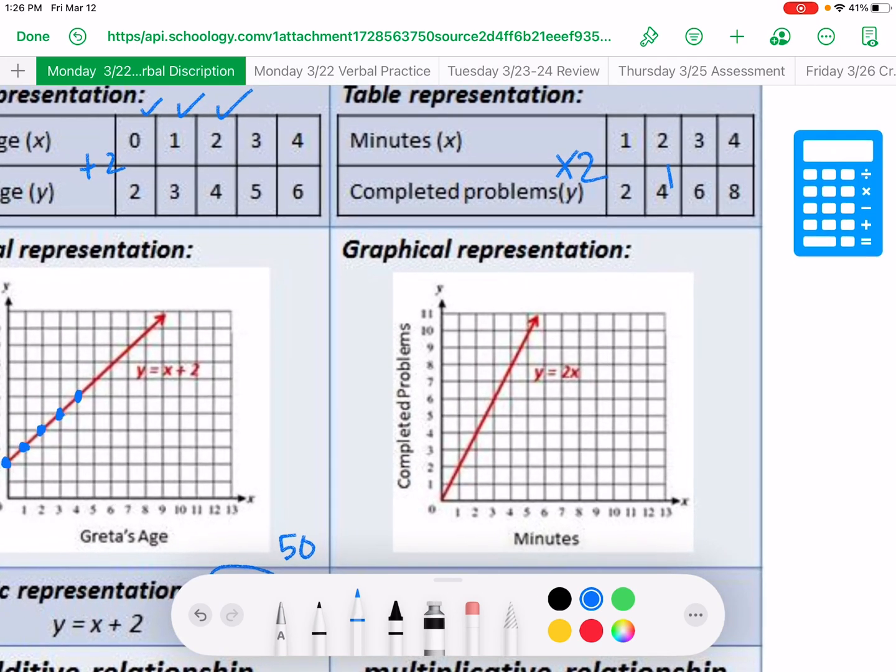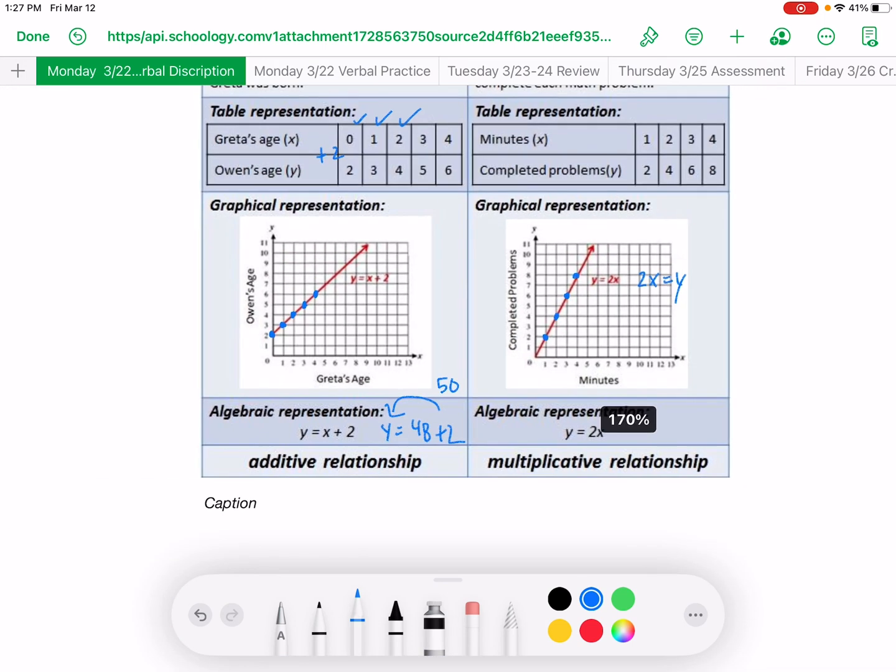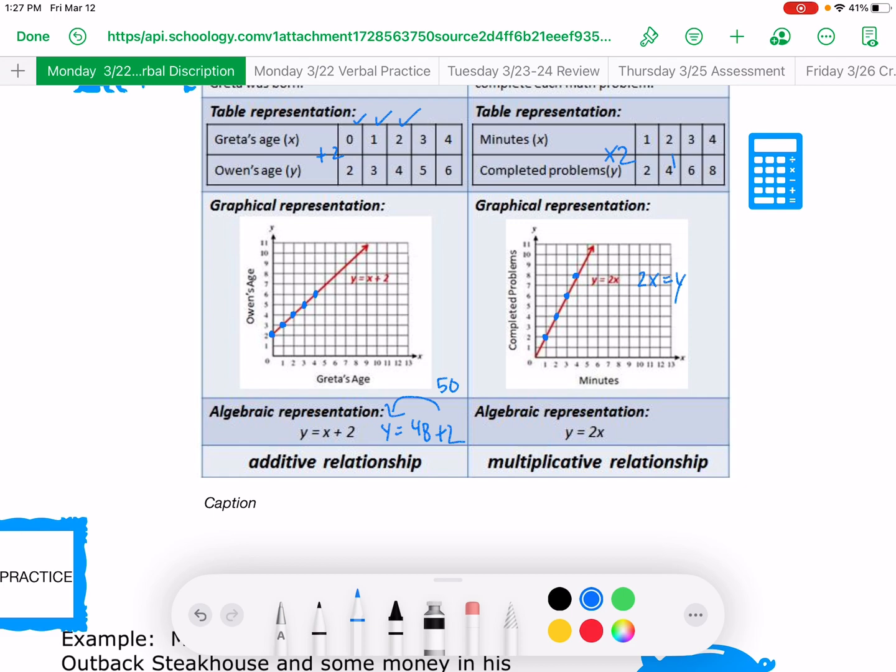So you're going to go over 1 and up 2, over 2, up 4, over 3, up 6, and over 4 and up 8. 2x is equal to y. And that is your multiplicative equation.